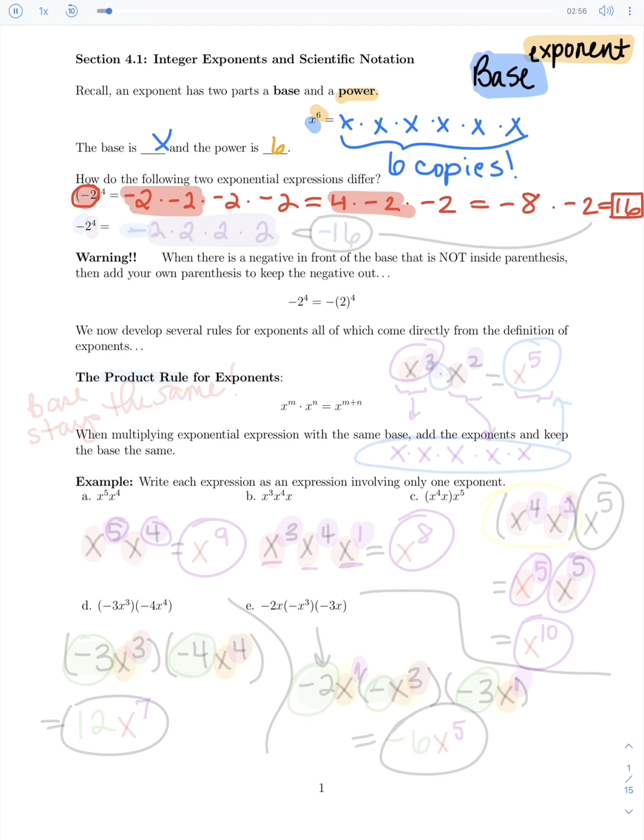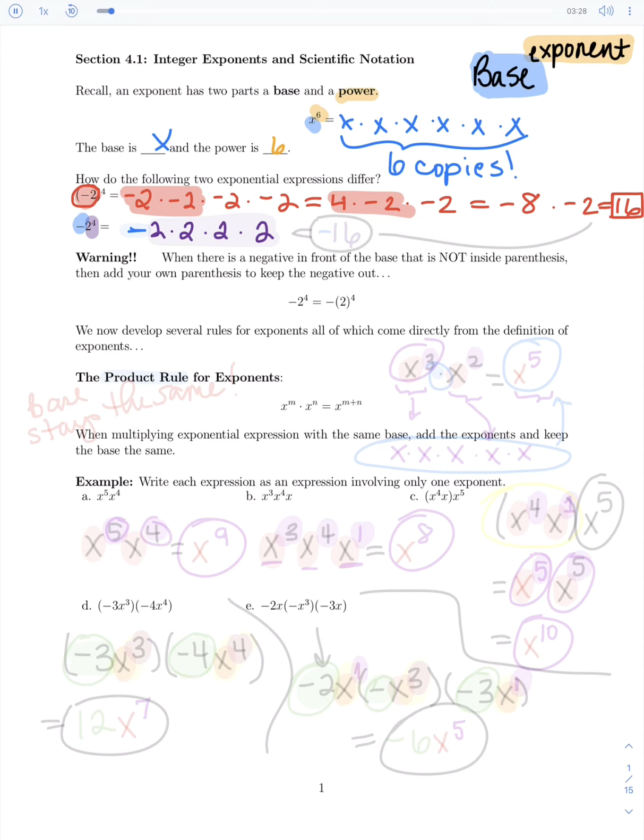However, if you look at B, the next one, you don't see any parentheses, which means your exponent is only on the 2. So the thing you're multiplying by itself 4 times is only the 2. So we have 2 times 2 times 2 times 2, and that negative sign out in front is just going to go on as part of our final answer at the end.